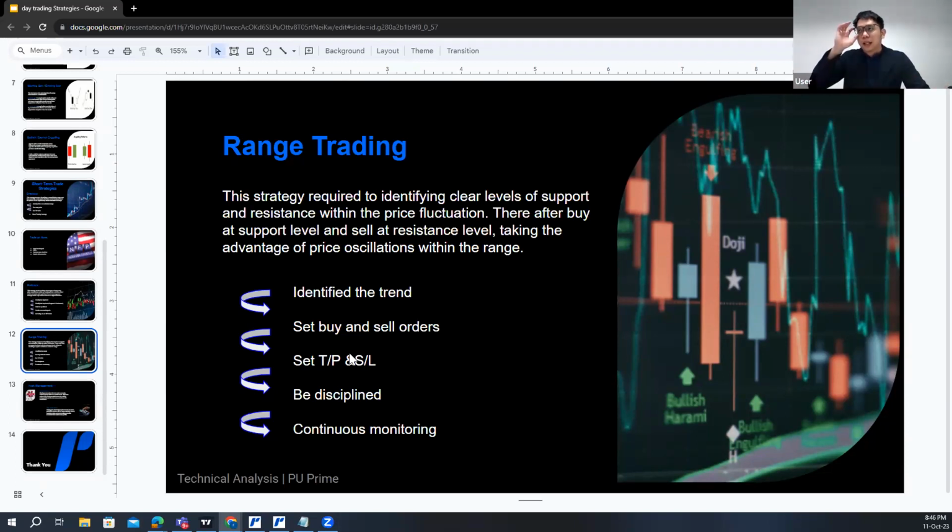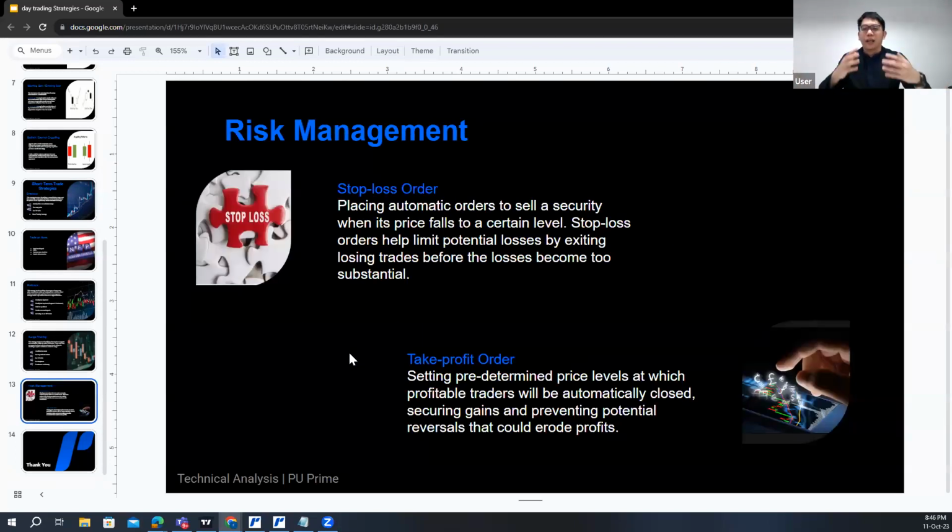Lastly is risk management. I have been stressing it many times. It is very crucial to set a stop loss order, and also the take profit order, when you open a trade. It's very simple. You just always play around with the chart.